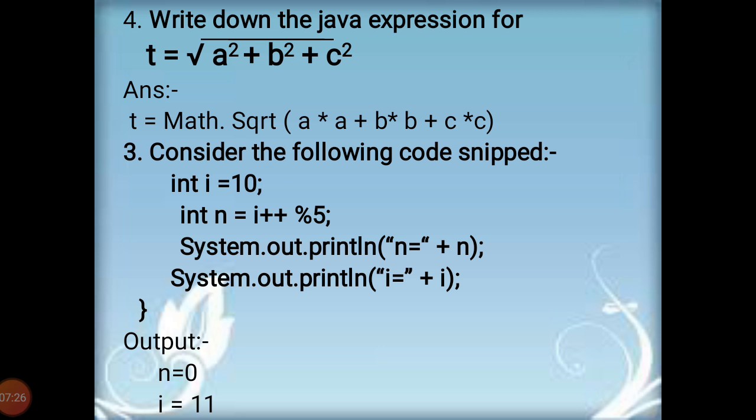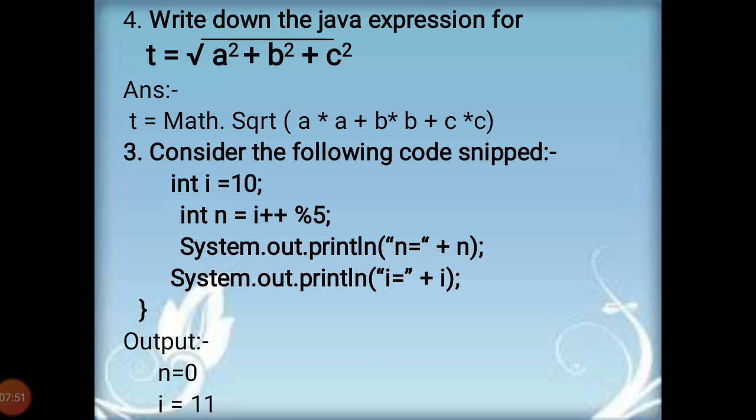Now the next question. Consider the following code snippet. Here int i = 10. Now int n = i++ % 5. Here I use the remainder sign. So i++ is a postfix expression: first we use the value of i, then we change the value of i.